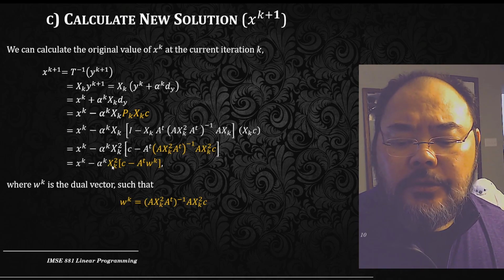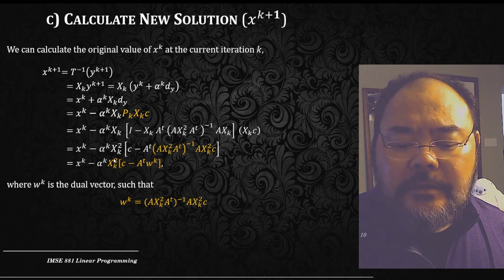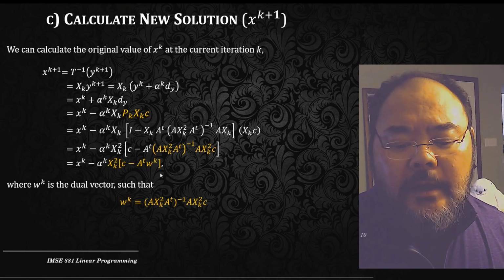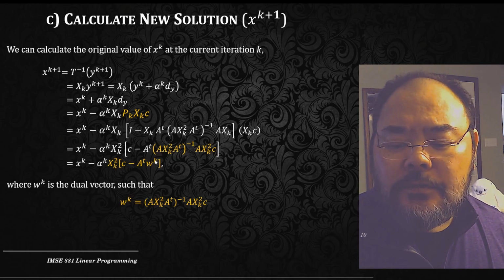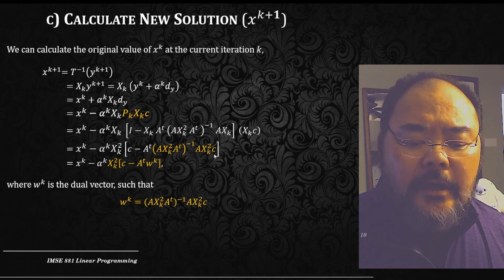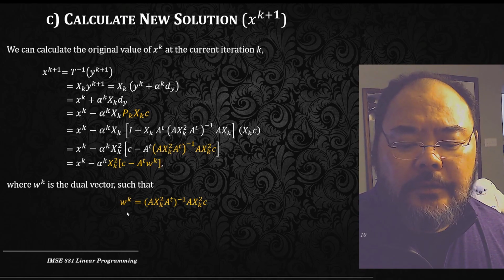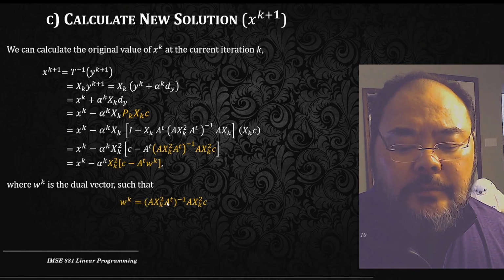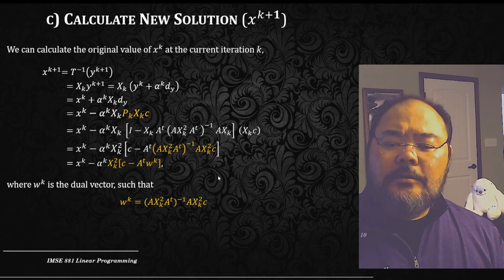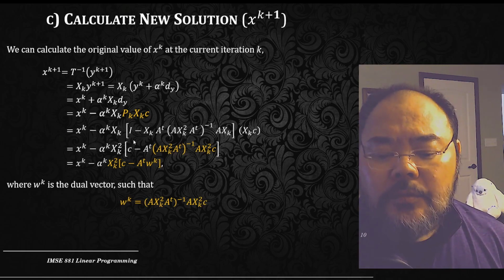What we can do is xk minus alpha k times capital Xk squared times c minus A transpose times omega k. And omega is actually the dual variable solution, dual variable. And this value can be calculated by the yellow part up here. So omega k equals A times capital Xk squared times A transpose inverse times A times Xk squared times c. So now we have a fairly simple result.